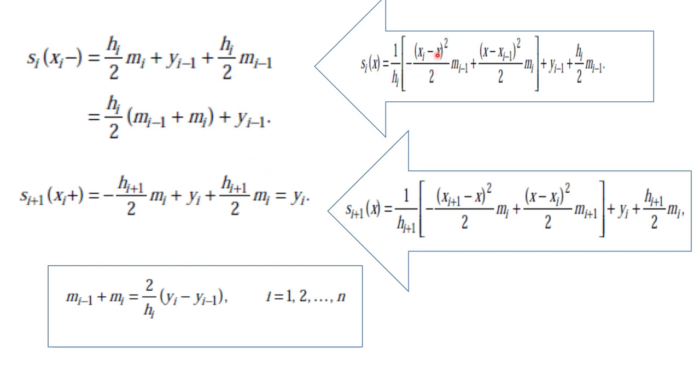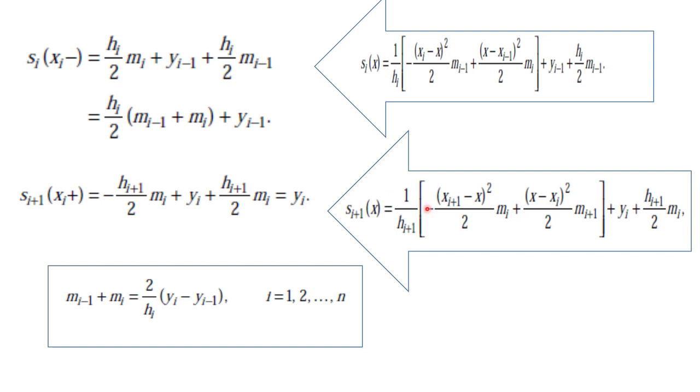So here we substituted x equal to xi. So this becomes 0, and this becomes xi minus xi minus 1, that is hi. Simplifying, this becomes hi by 2 into mi minus 1 plus mi plus yi minus 1.